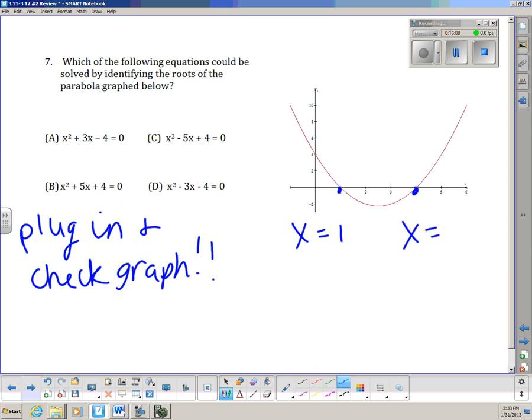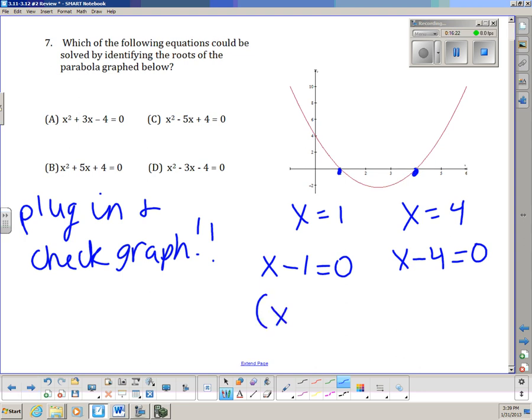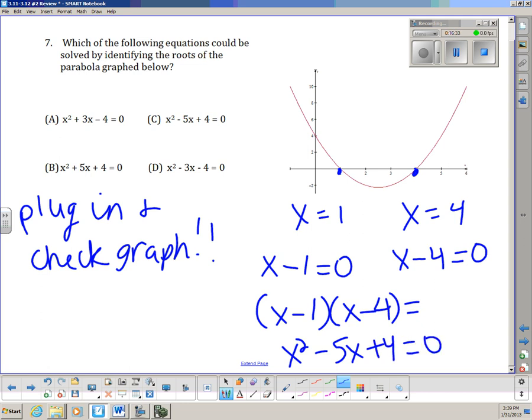This root is x equals 4. Well, if x equals 1, it must have come from the equation x minus 1 equals 0. If x equals 4, it must have come from the equation x minus 4 equals 0. If I multiply out by FOILing those two equations, I'm going to get x squared minus 5x plus 4 equal to 0. And then I could always double check it to make sure that that's what it looks like.